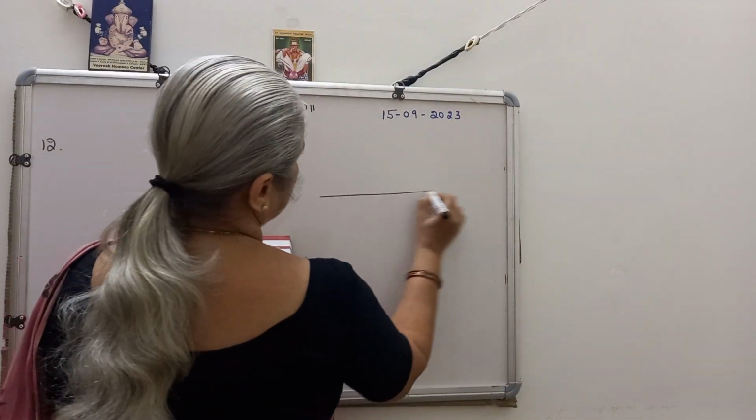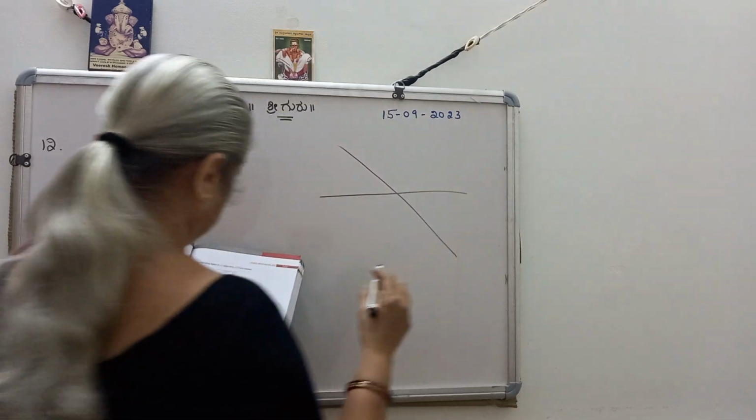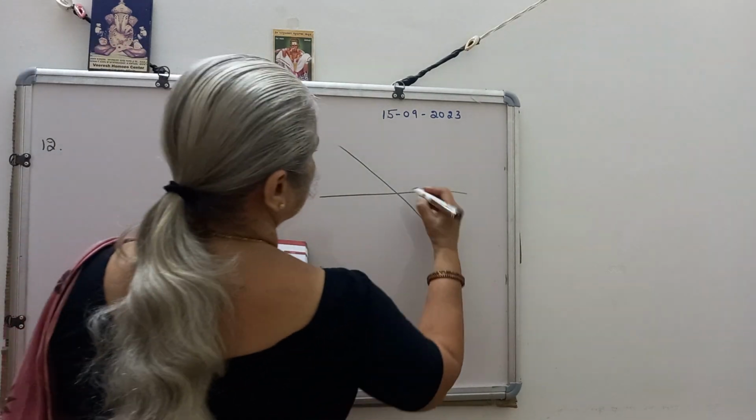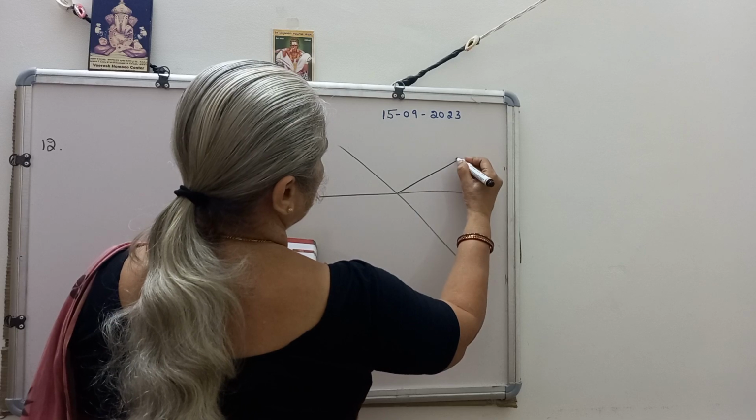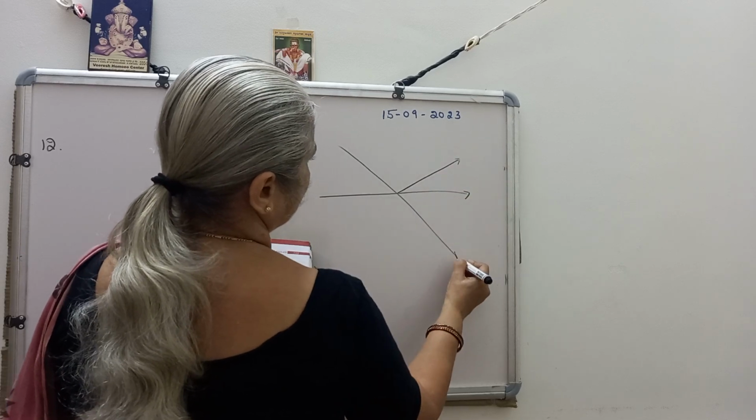There are two intersecting lines and one ray is emerging from the point of intersection.